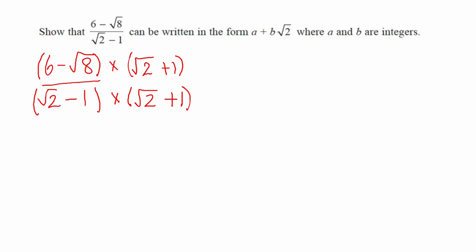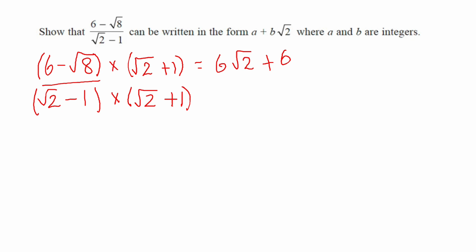So when we multiply it out, if we start with the numerator, we have got 6 root 2, and then we have got 6 times the 1. Then we've got minus 8 times root 2.